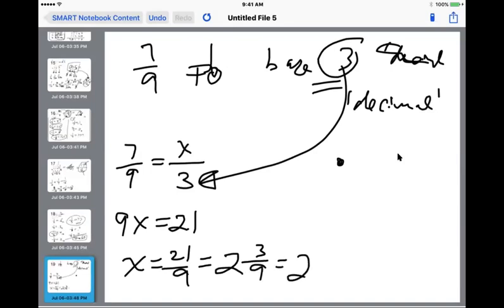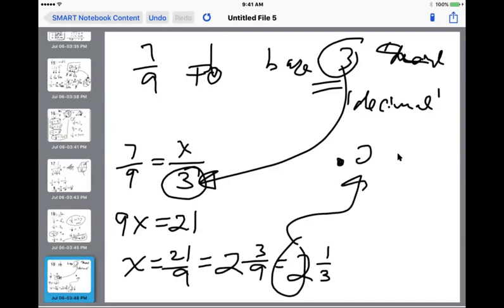If you could reduce, that's even better. And yes, this method will work for base 12. Whatever number you put there. Now we're not done yet. The whole number part of the answer is the first place in the base 3 number.